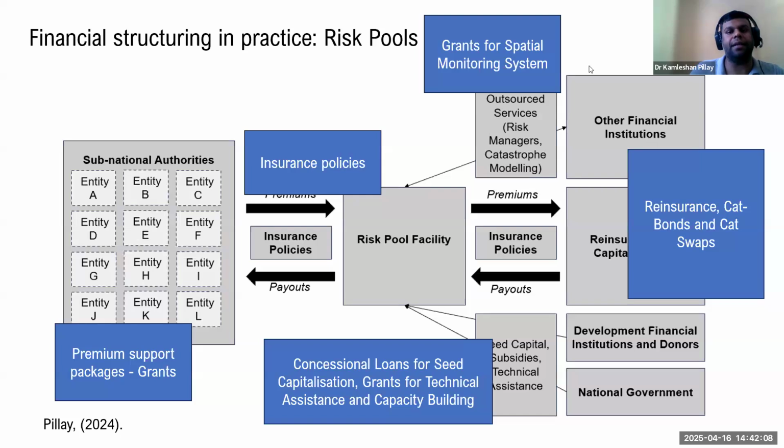And then lastly, this is something maybe more related to what we'll talk about in the next few slides about the machine learning components. You may have noticed that I've spoken a lot about drought and flooding and some of the environmental hazards. And typically, all the risk pools with use cases linked to natural catastrophes require some kind of Earth observation, spatial data monitoring system. And this is done for two reasons.